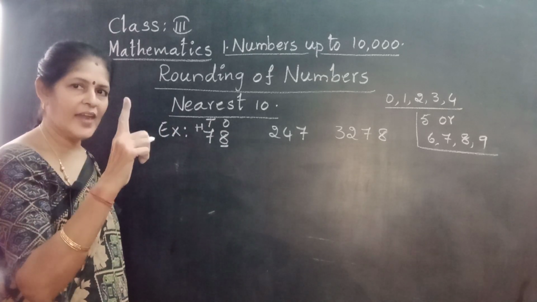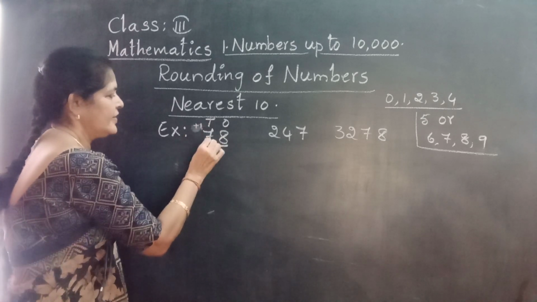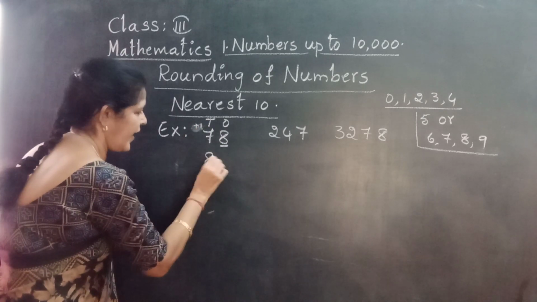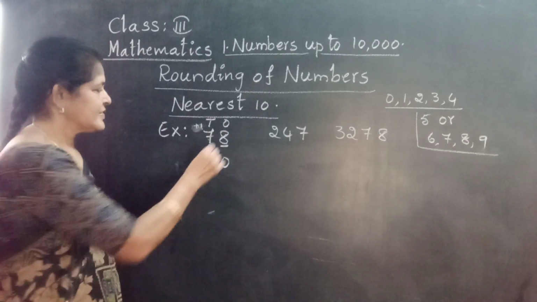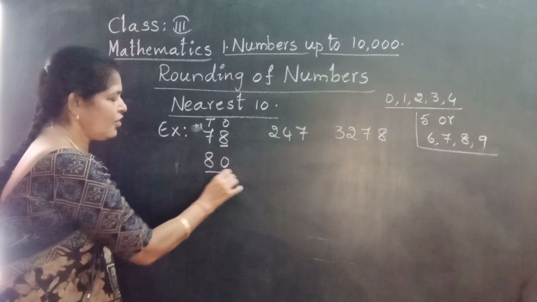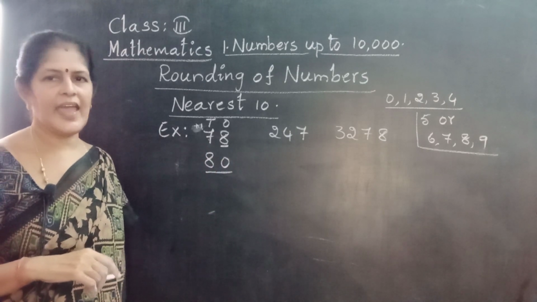Add means plus 1: 7 plus 1 is 8, and put 0 in the ones place. That means 78 is nearest to 80.